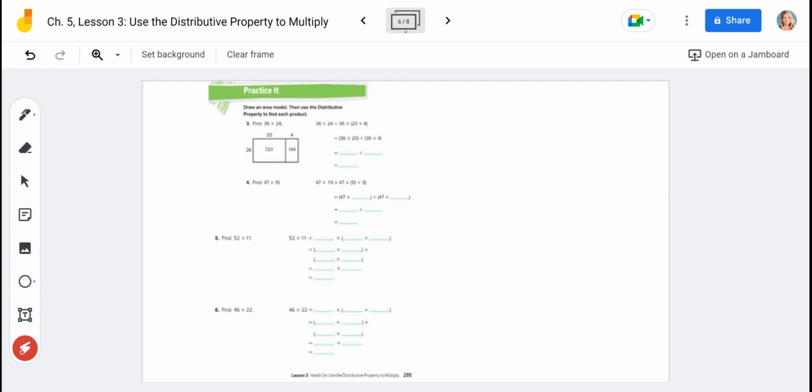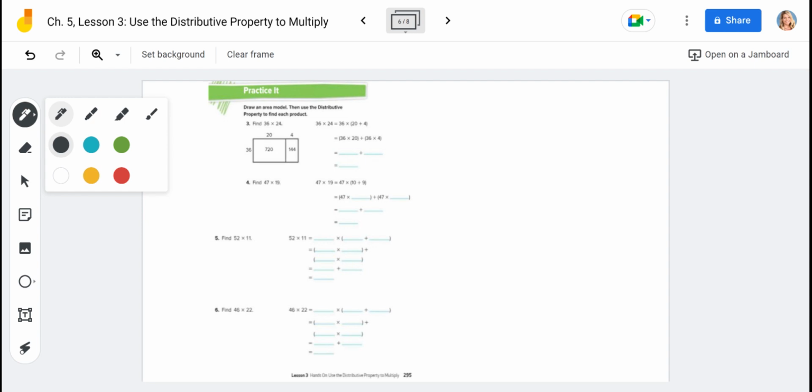Now, on here, a lot of people get confused on these next 2. I would rather you scribble that one out and do that, and then do the same here, because it's really confusing.